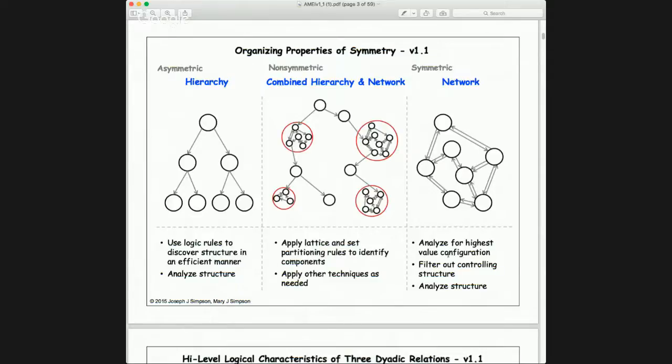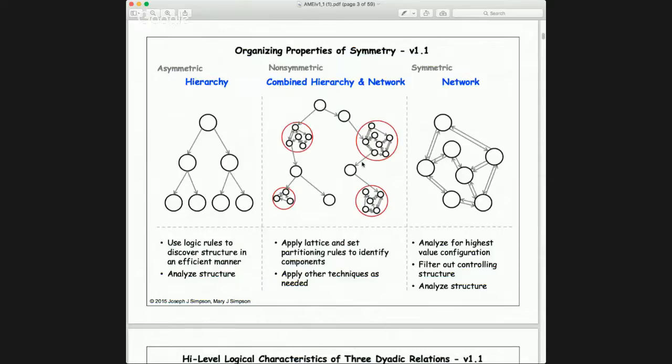So in the network areas, we'll analyze for highest value configuration, filter out controlling structures, analyze the structures. And in this particular approach, we'll use evolutionary algorithms, intelligent agents, a number of other types of artificial intelligence approaches we would use to analyze networks, which are significantly different tool sets than we would use here in the hierarchy.